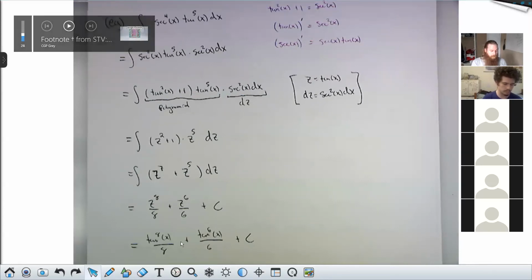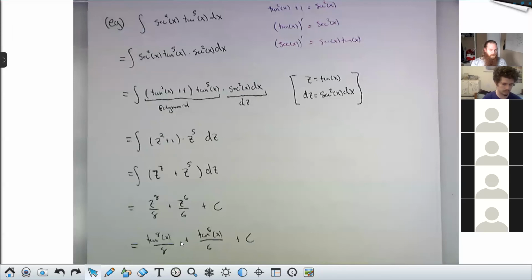Definitely in both of these, these were the same integral. The power of secant was even and the power of tangent was odd. The even power of secant, we said, is what makes this work. The odd power of tangent is connected to the other technique. And then there is a third case outside of those.